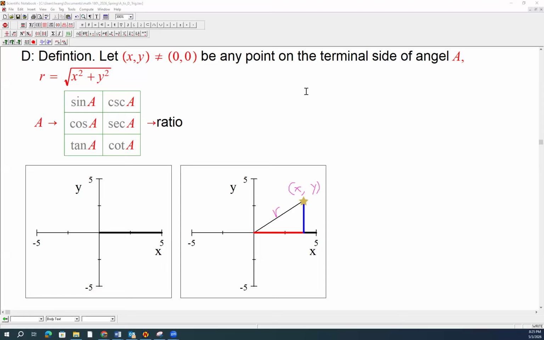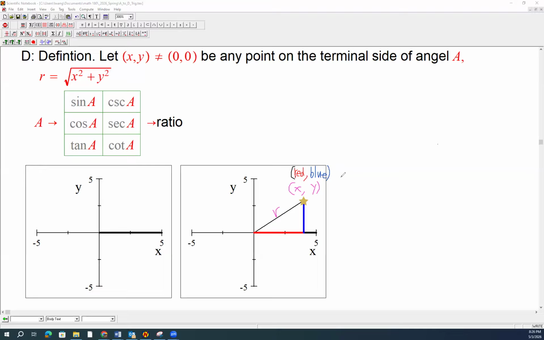Instead of x comma y, I'm going to mark it as red and blue. So x is red, and y is blue. We're going to consistently use red and blue.